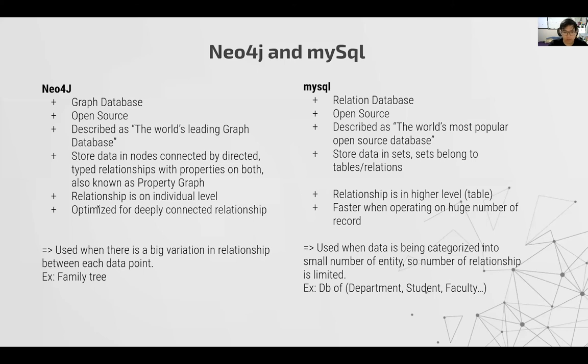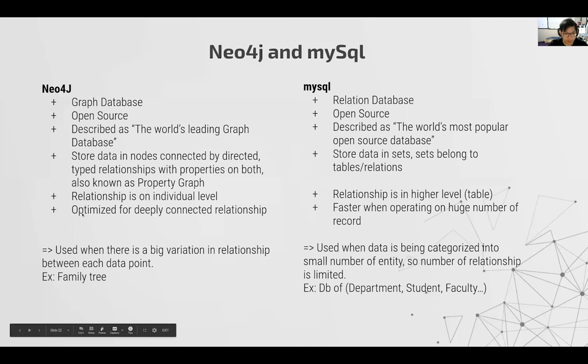But in Neo4j, each row in the table can have a different relationship with another row in the same table. So it emphasizes significantly the relationship between data points.